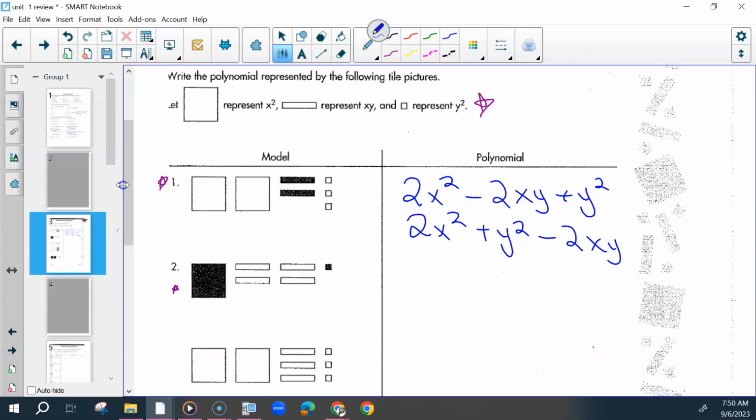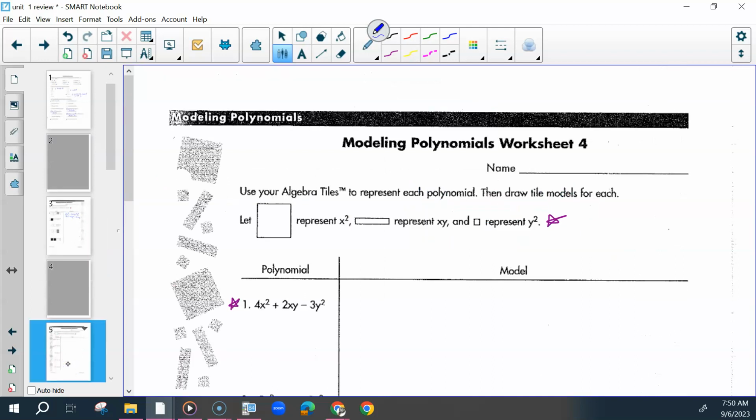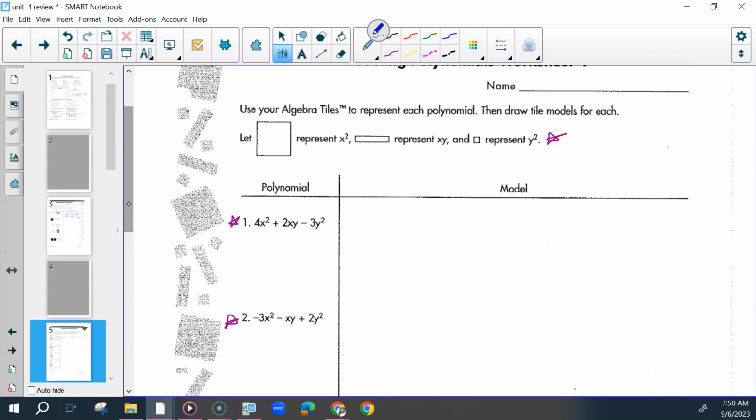Go on to the next page. Isn't it 3? Yes, put a 3. Right, the next page is similar, but now it's given you the expression and you have to model it using the tiles.